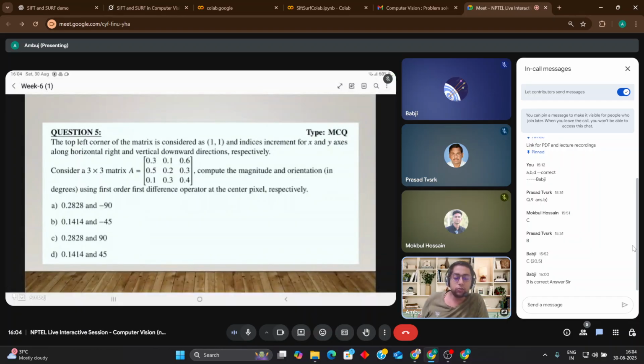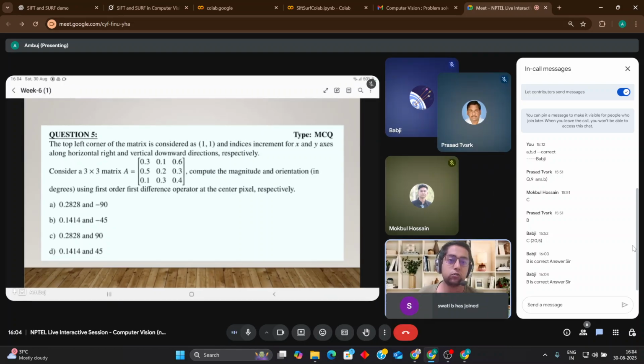Then compute the magnitude and orientation in degrees using the first order first difference operator at the center pixel respectively. Please note down at least the matrix and the values, and whatever has been asked here.